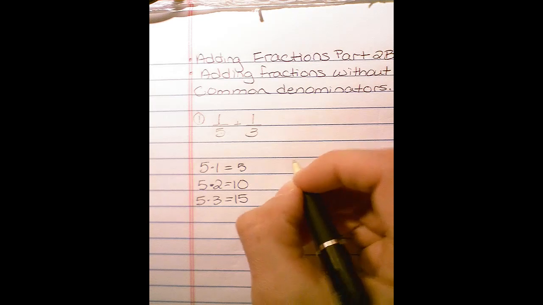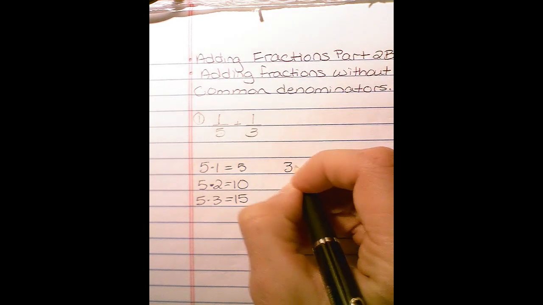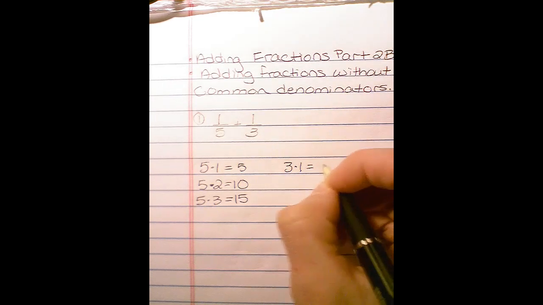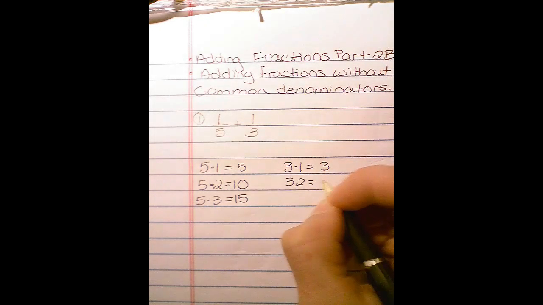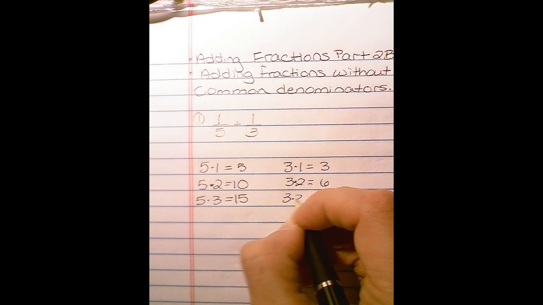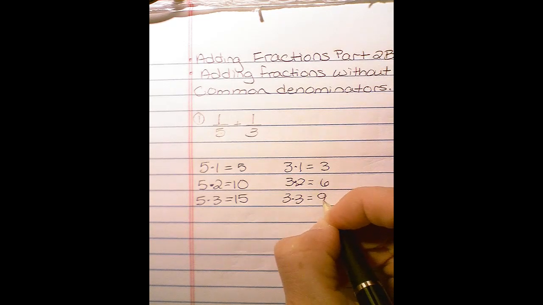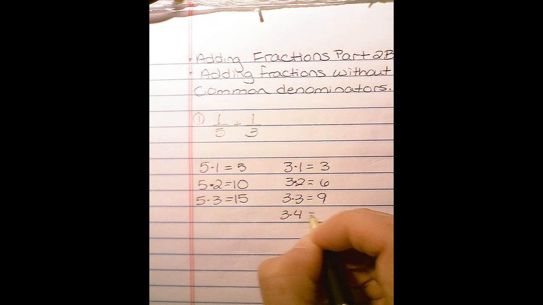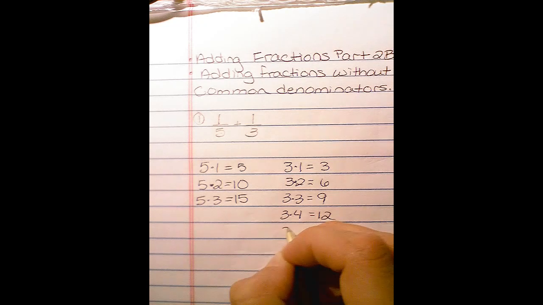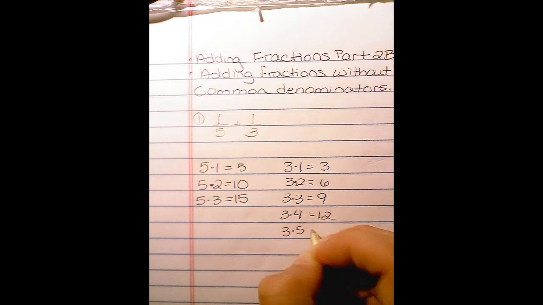Alrighty, so then I can do the same thing for the 3's. 3 times 1 is 3. 3 times 2 is 6. 3 times 3 is 9. So I keep going. 3 times 5 is 15.